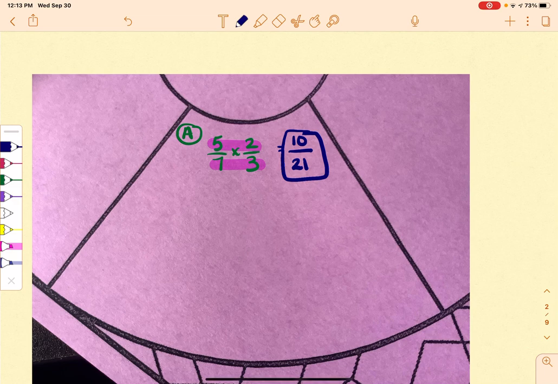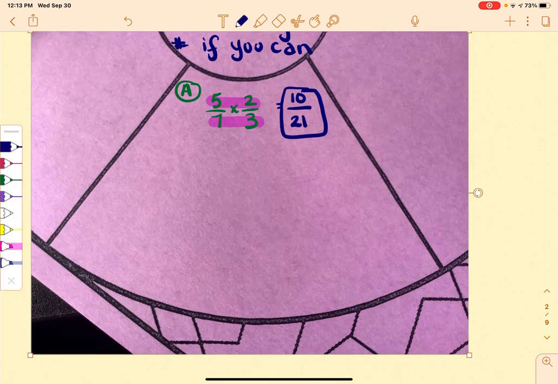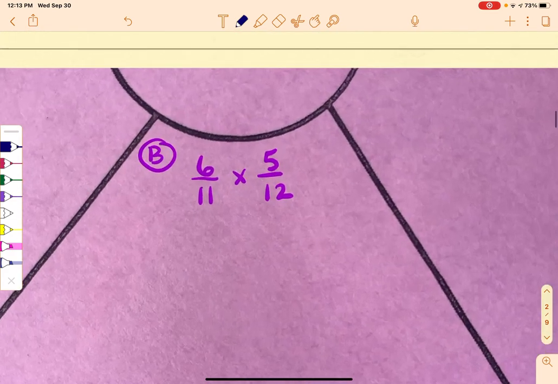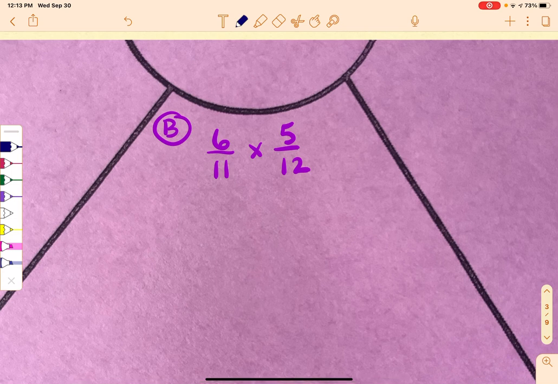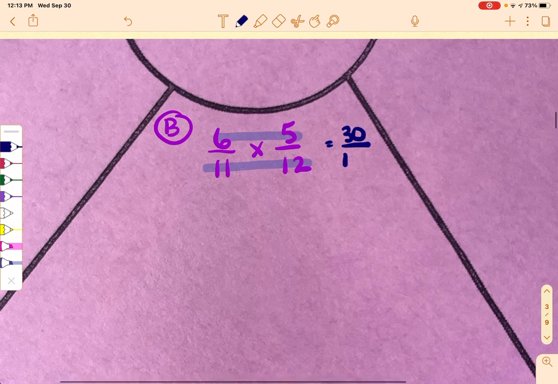Okay, so let's go to the next one. Remember, if you need to, as we're going through, feel free to hit pause so that you can get stuff written down, and that's completely okay. So the next one, 6 over 11 times 5 over 12. The good news for us is it's completely written as a fraction, so I can go ahead and multiply across. 6 times 5 is going to be 30. 11 times 12 is 132.